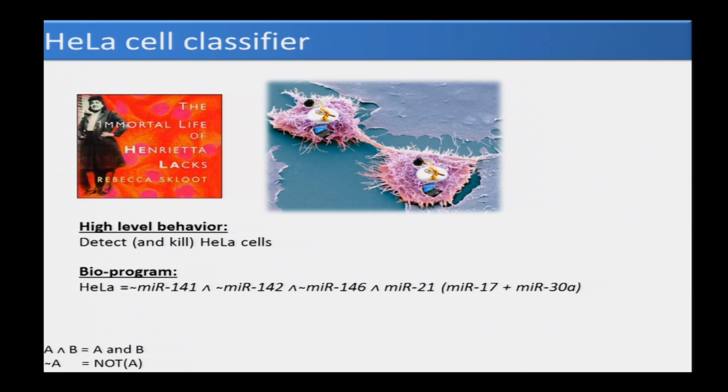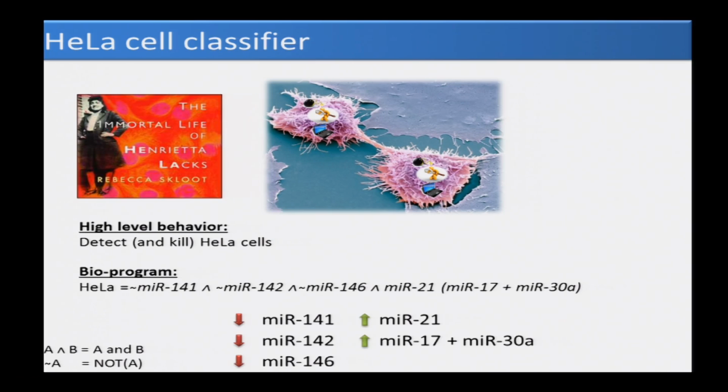And so some of you are familiar with this way of annotating logic? Maybe. Okay. It's pretty ugly, but if you're not used to it, it's simple. This just says these microRNAs have to be low, and these microRNAs have to be high, and that's a HeLa cancer cell. Okay, that's the basic logic in this. It's a rather simple logic statement.